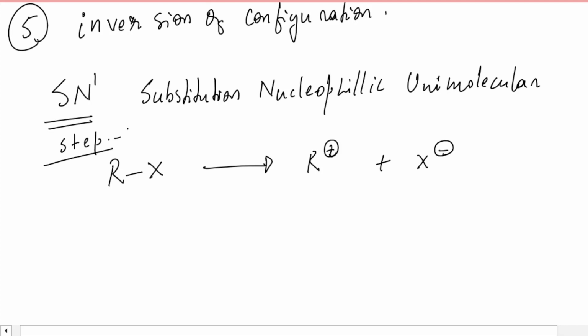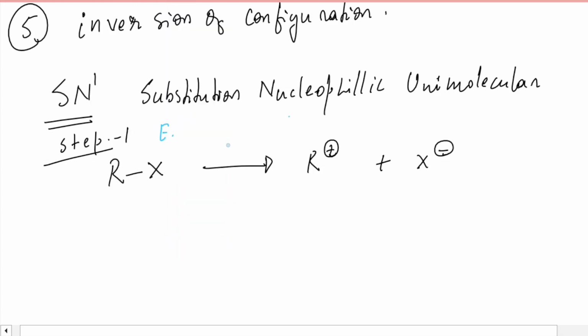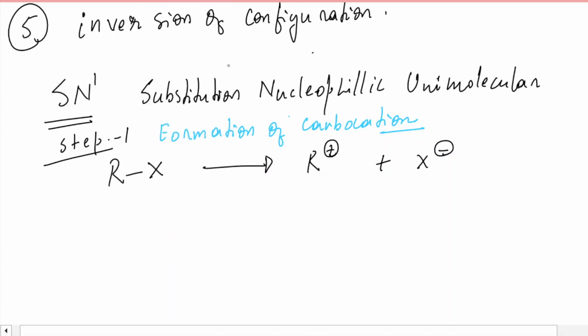So step 1 for the chemical reaction is the formation of carbocation. Next is step 2.